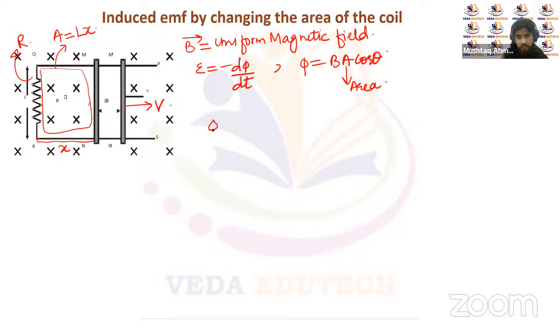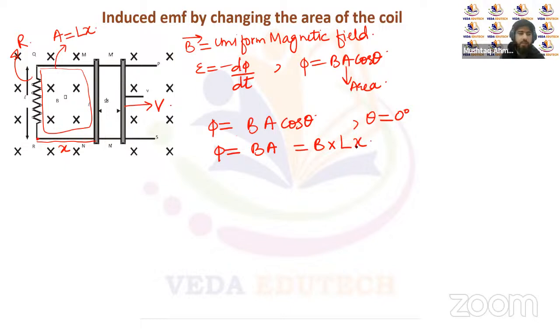Now flux at any time t will be B times A cos theta. You can see that the magnetic field vector and the area vector are parallel to each other, or we can say the angle between them is 0 degrees, so the flux at any time t will be B into A. B is the uniform magnetic field, and the area is L into x.